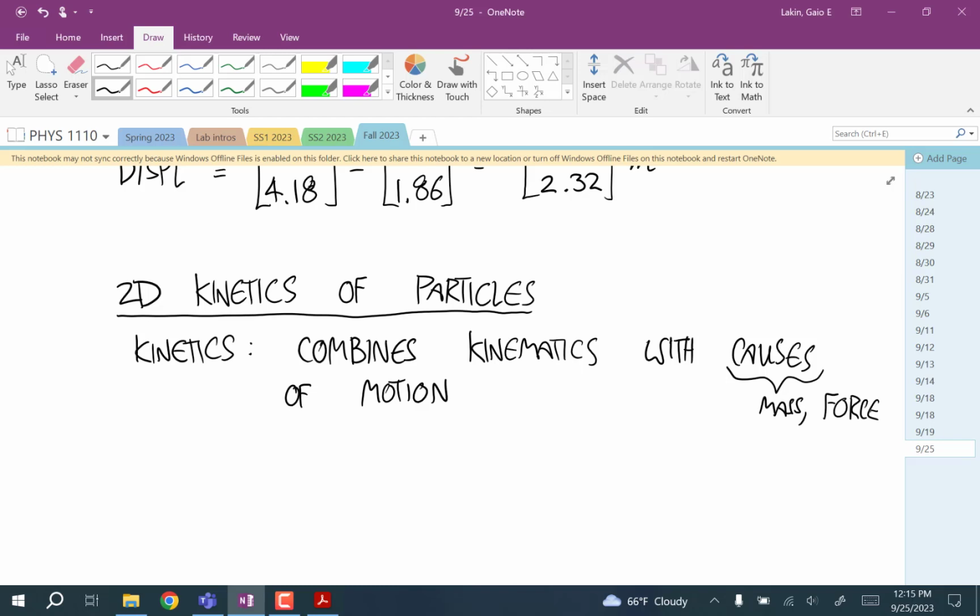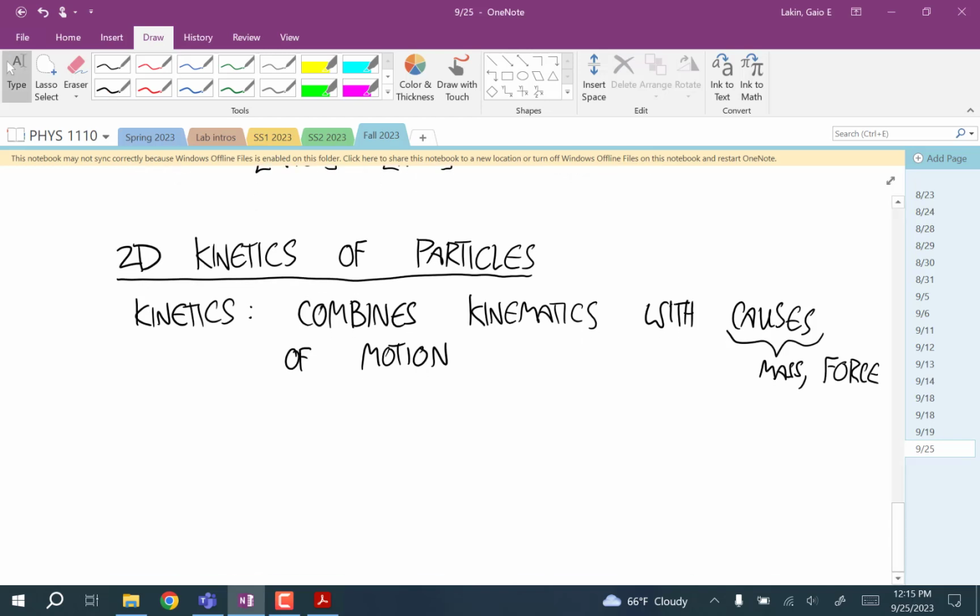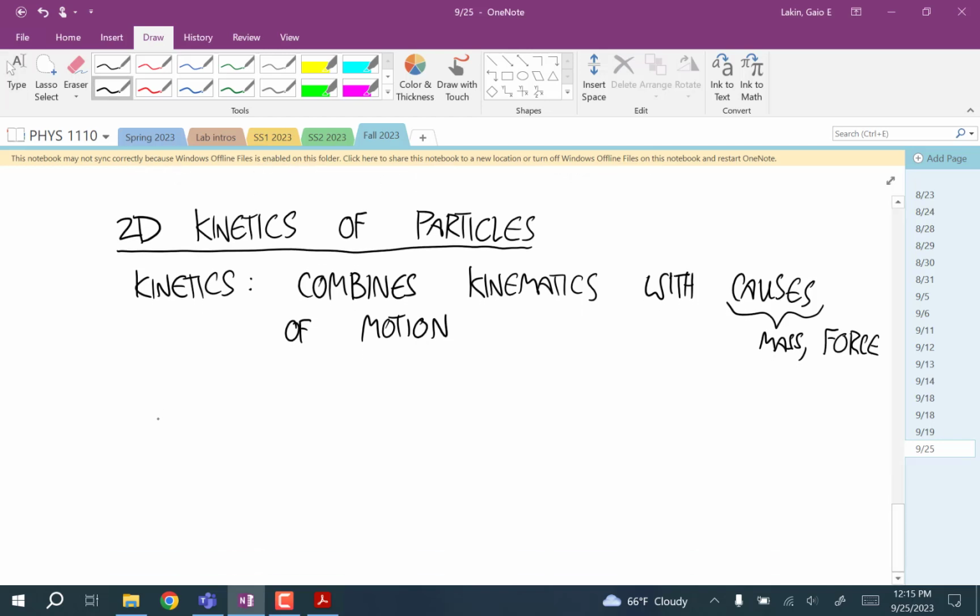For kinematics, we only were dealing with time, position, velocity, and acceleration. Now we're going to combine it with this. And where we're heading is the most important equation in this class.